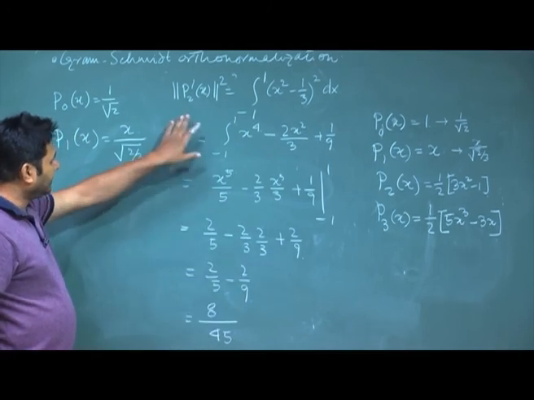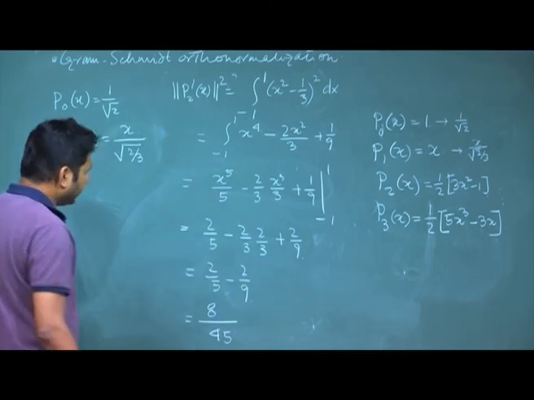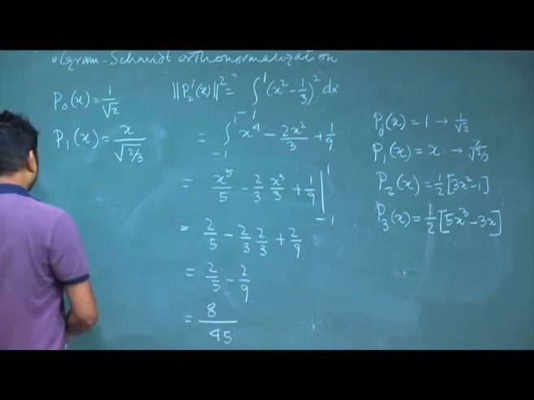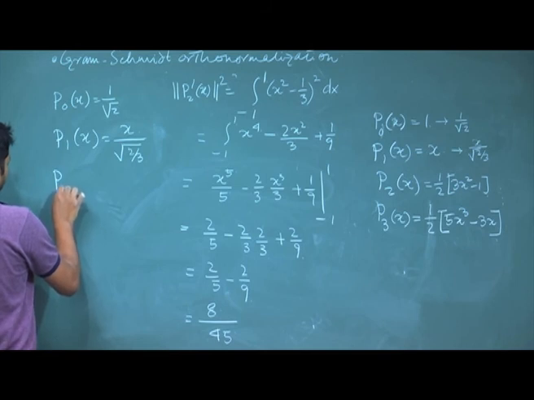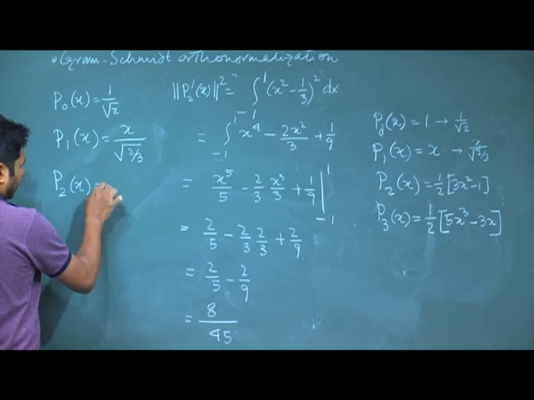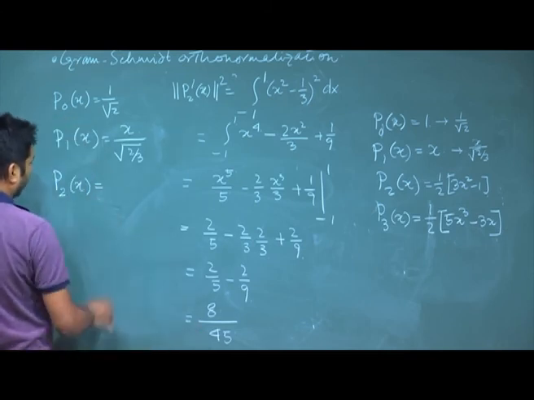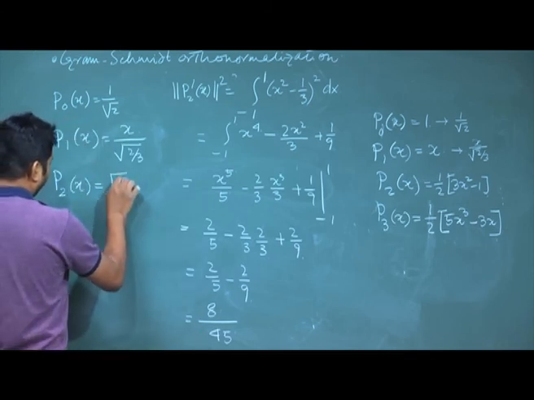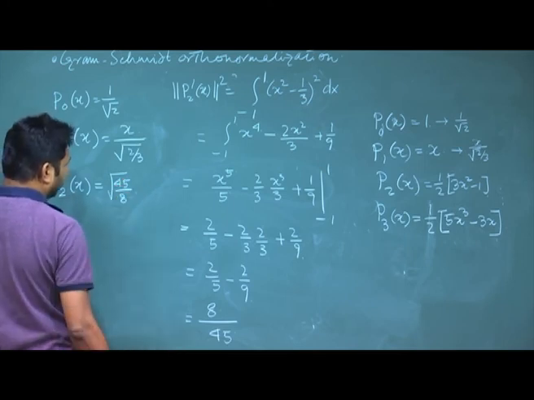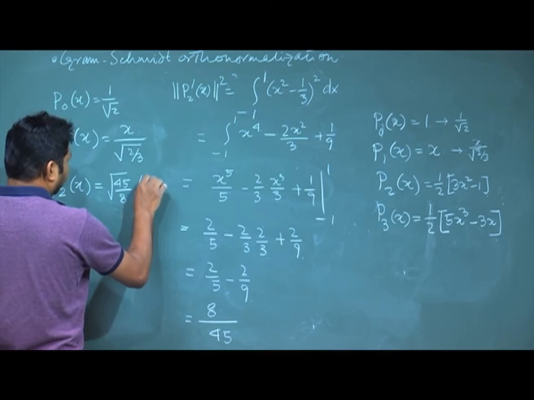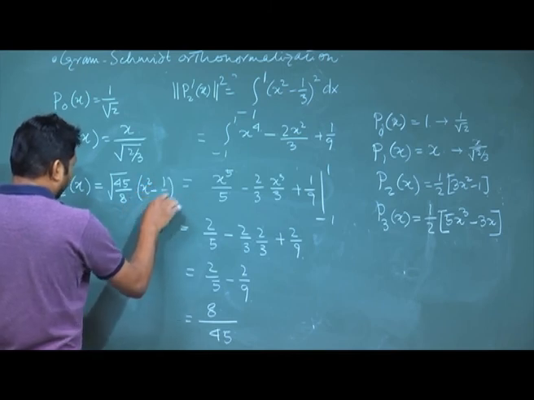So, this quantity is the norm square. If I take the root of that, then my P2 is this quantity, root of 45 by 8, multiplied by x square minus 1 by 3, this polynomial.